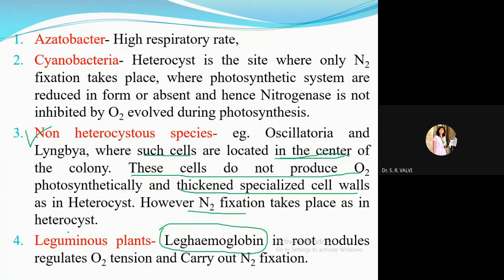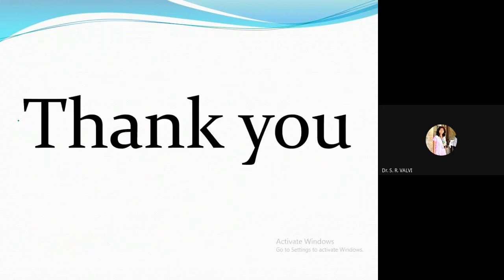You have to remember these points, and if you have any query, please ask me. But please do remember nitrogenase and hydrogenase. Nitrogenase is required for nitrogen fixation and hydrogenase is required to maintain the O2 tension within that particular cell. So thank you very much for patiently listening.